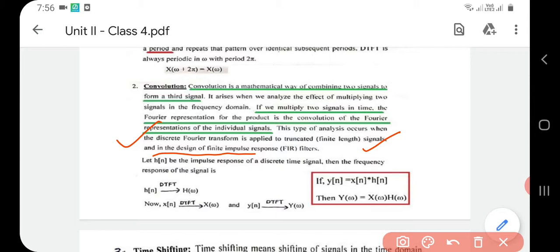Similarly, if you have another discrete sequence y of n, on applying DTFT you get Y of omega. Now the convolution theorem states that if y of n is equal to x of n convolved with h of n, then Y of omega will be equal to X of omega times H of omega. H of n is nothing but the impulse response of the discrete time signal.